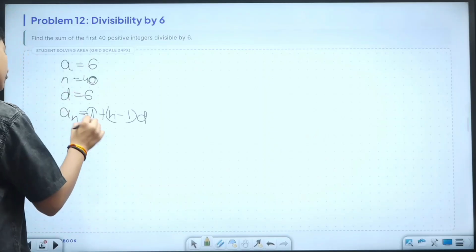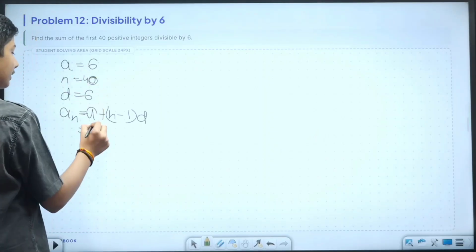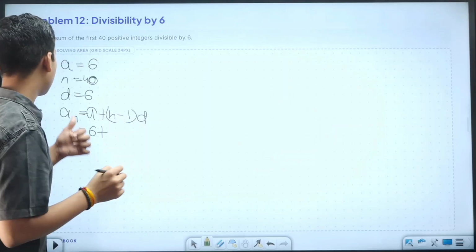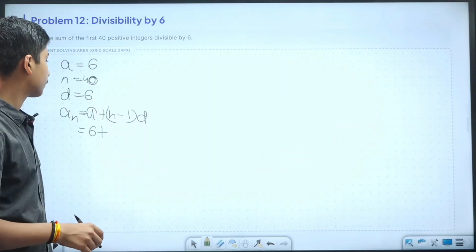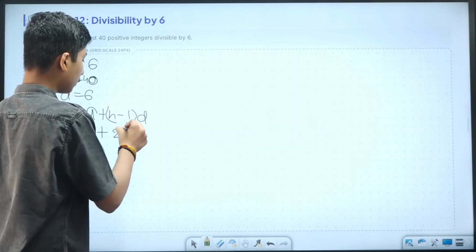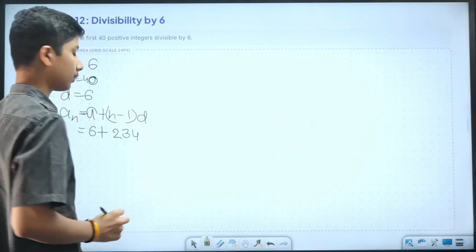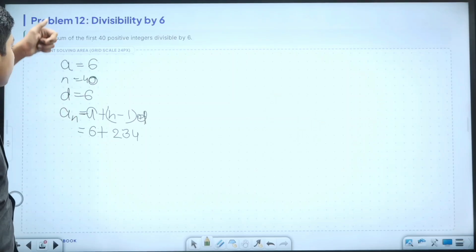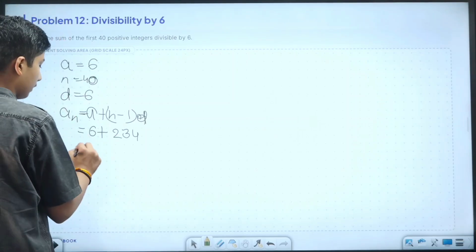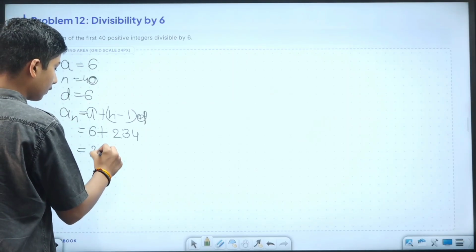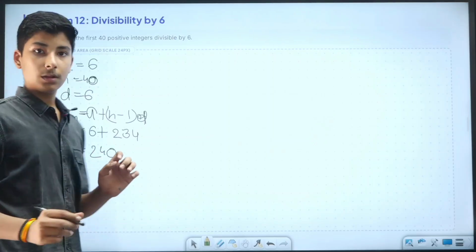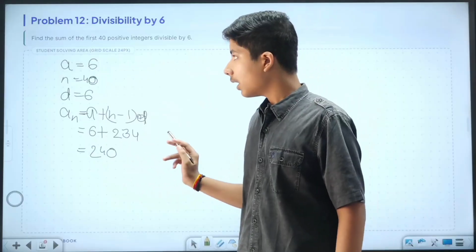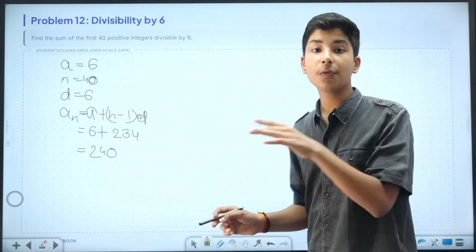Now an was 40, a was 6. 6 plus 40 minus 1 is 39 into d is 6. 234. This will be the value of our an. This will be 240.